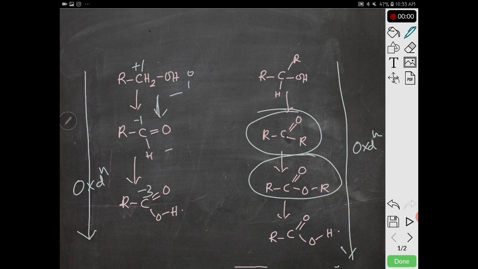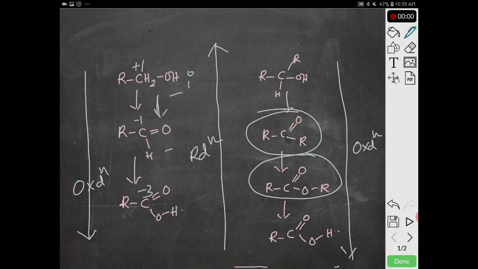Now if you take the reverse reaction, that is what we call reduction, the opposite of oxidation. This series of reactions must be there in your mind. Alcohol gets converted to aldehyde or ketone as a part of oxidation.